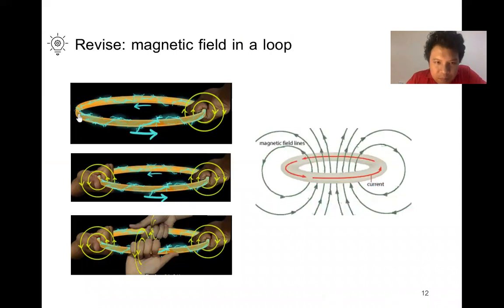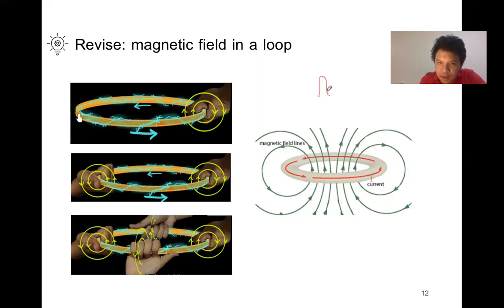Okay, so let's try to see the case of the magnetic field in a loop again. For the magnetic field in a loop, if we have the current that flows in counterclockwise direction, here I use the right hand rule to determine the direction of the magnetic field.